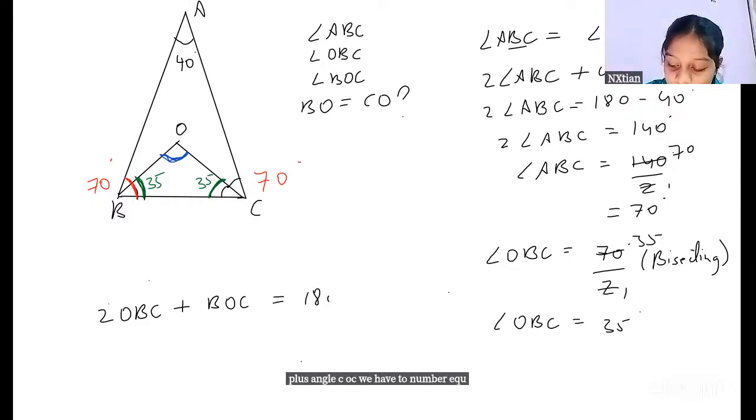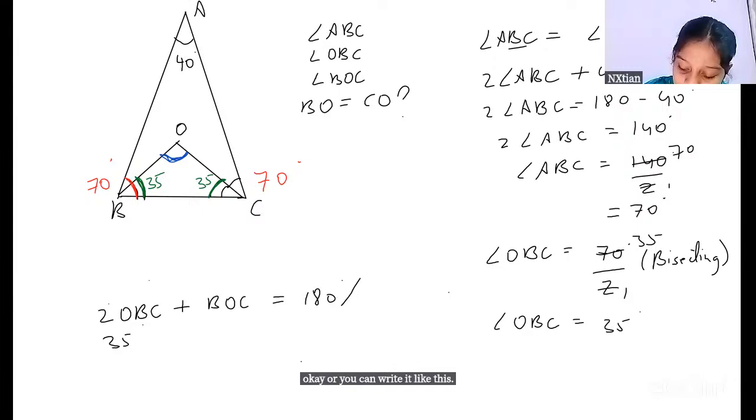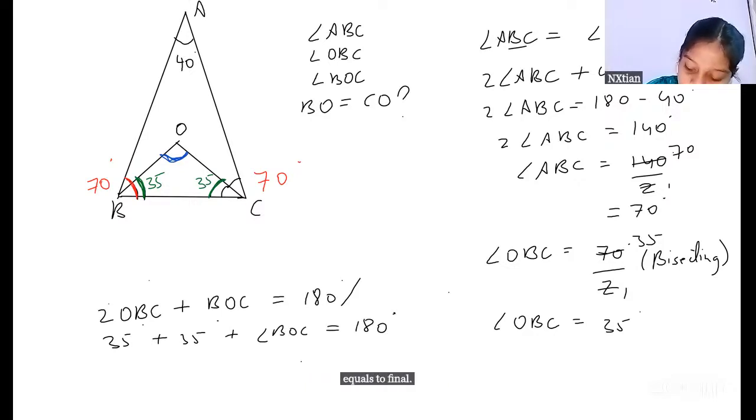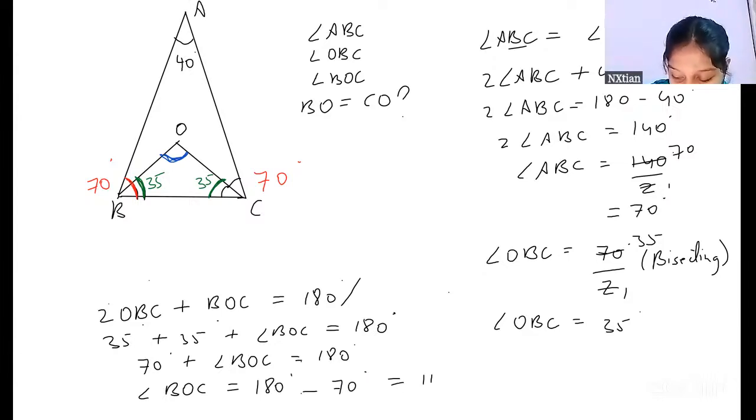Or you can directly do 35 degrees plus 35 degrees plus angle BOC equals 180 degrees. So this is 70 degrees plus BOC equals 180 degrees. Angle BOC equals 180 minus 70, that is 110 degrees. This way we can do it.